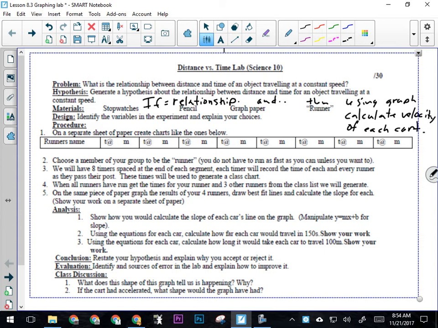I still have people who are not explaining all the variables. I want an explanation for manipulated, an explanation for responding, and each controlled variable explained, including how it affects the lab and how you're controlling it.